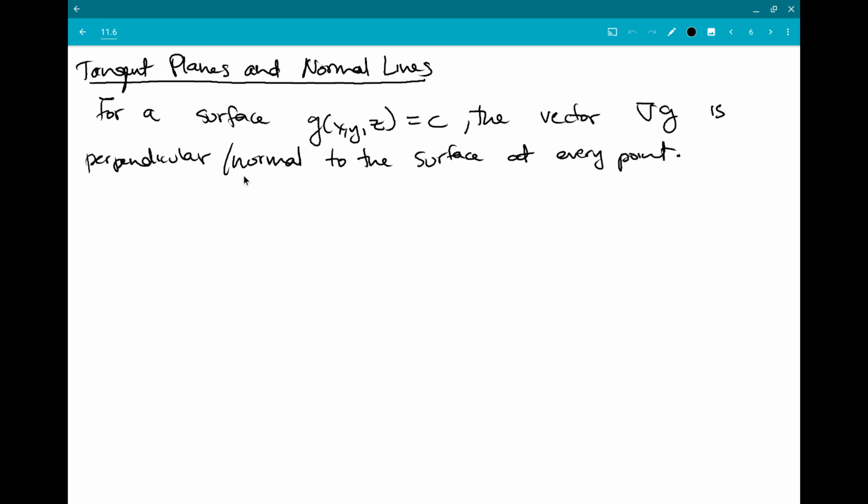But if it's perpendicular, normal, to the surface, then we can construct tangent planes. To make a plane, all you need is a normal vector and a point. So to make one of these tangent planes, we're going to use the normal vector that's actually perpendicular to the surface itself and a point.